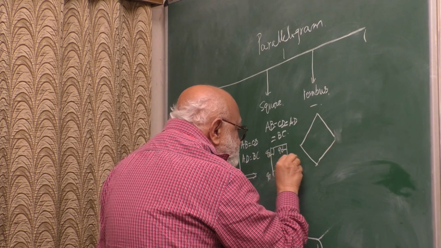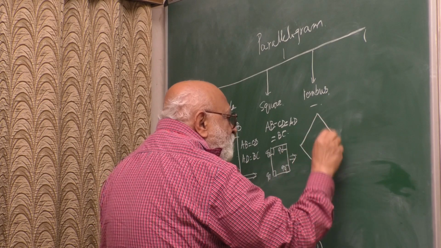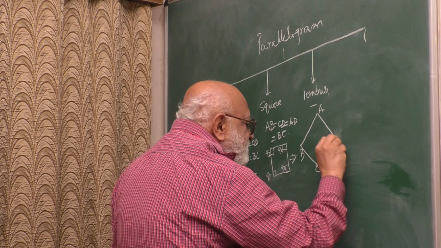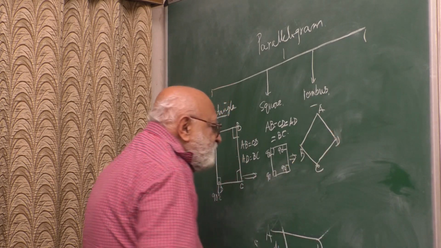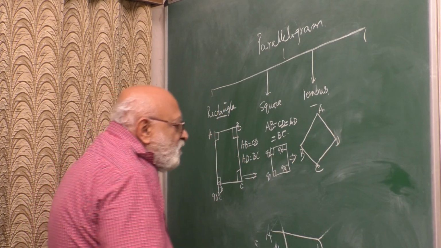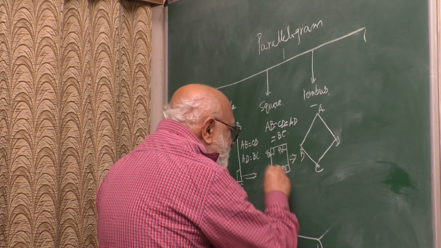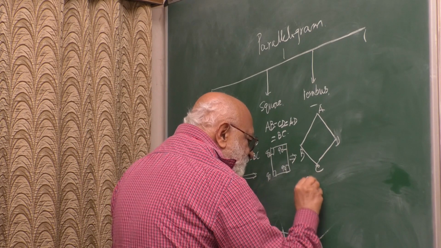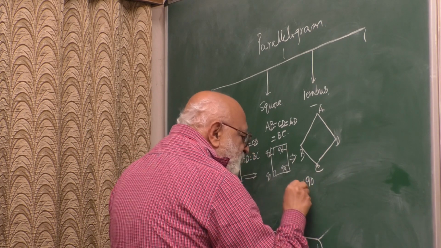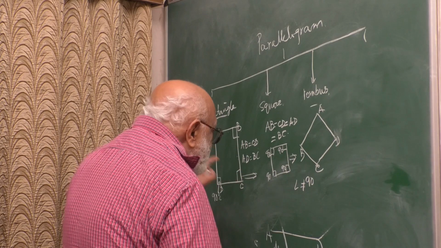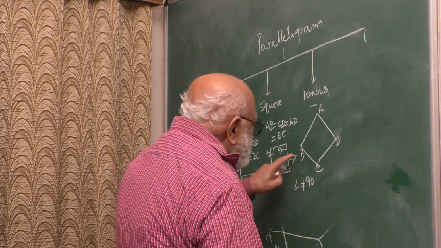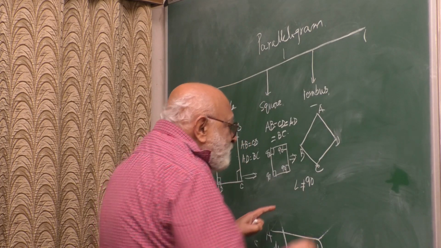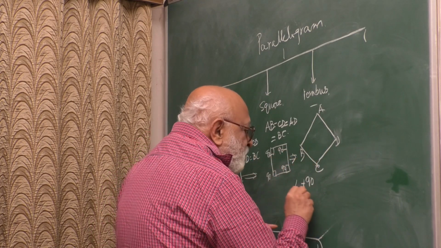That means the sides are all equal, A, B, C, D, you will find the sides are all equal. But the angles are not 90 degrees. Other properties are transferred, as you will know, that the opposite angles are equal and all that, but the angles are not equal to 90 degrees.